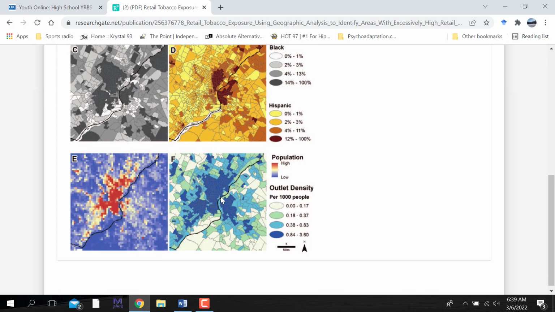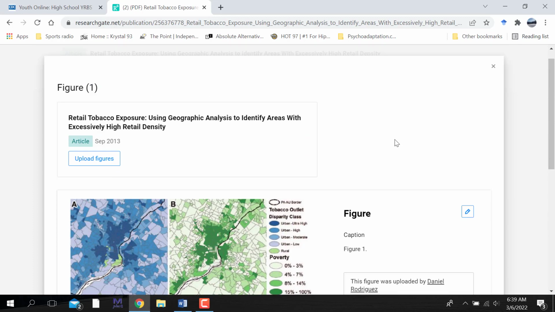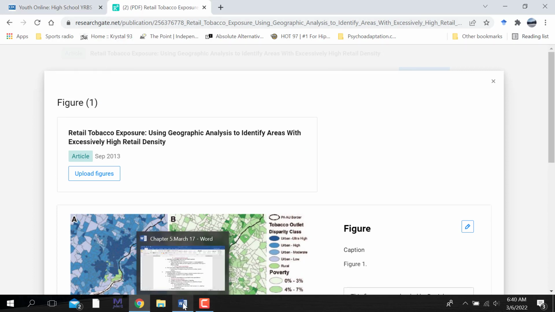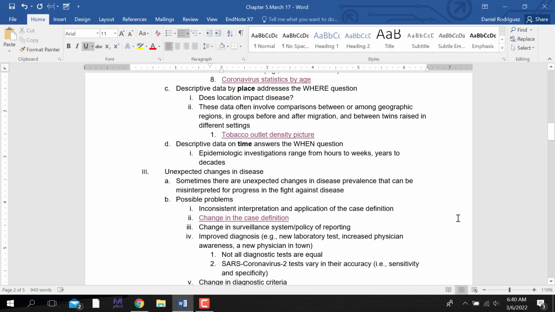So those outlets seem to mirror some of these populations, particularly here, and here, where the proportion of black people live. So this was an interesting use of mapping. But again, this is descriptive epidemiology in that it provides us information that we need in order to generate hypotheses.